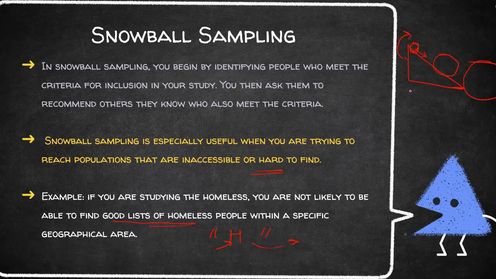This is how you build this logic. The people from whom you are collecting your responses are referring you to other people falling in the same category. So that is snowball sampling.